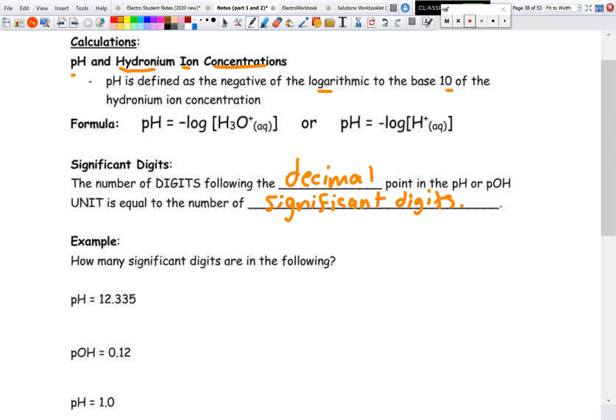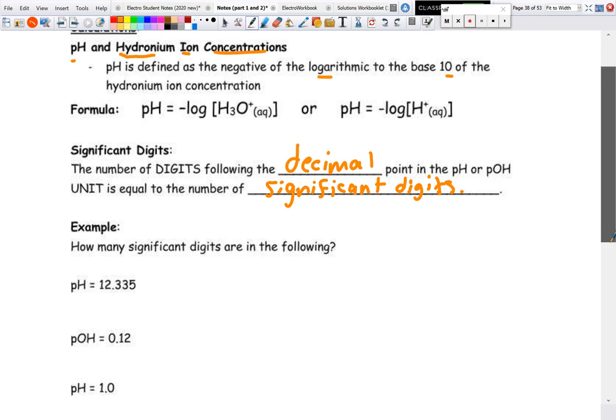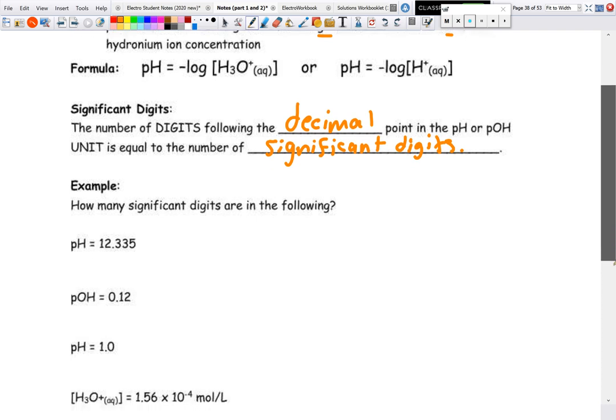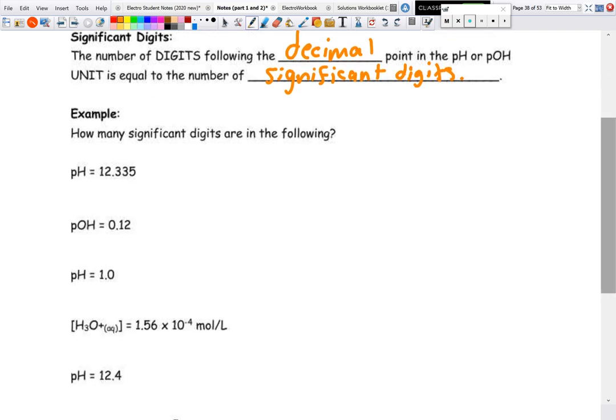So we don't care about the total number of digits, only those after the decimal point. For example, if we have a pH of 12.335, we only look at the digits after the decimal, and we get 1, 2, 3. So I have 3 significant digits.